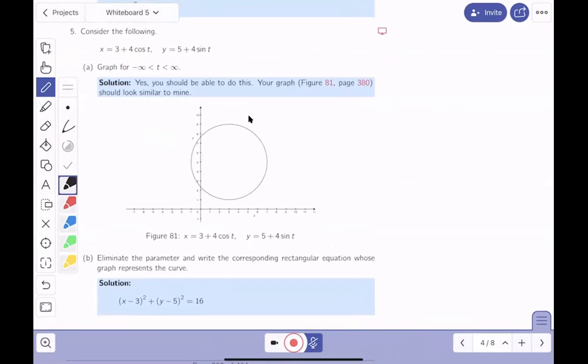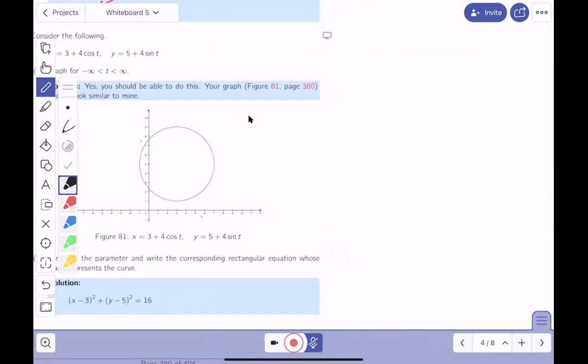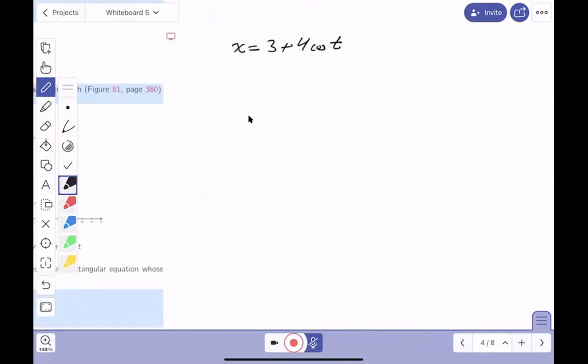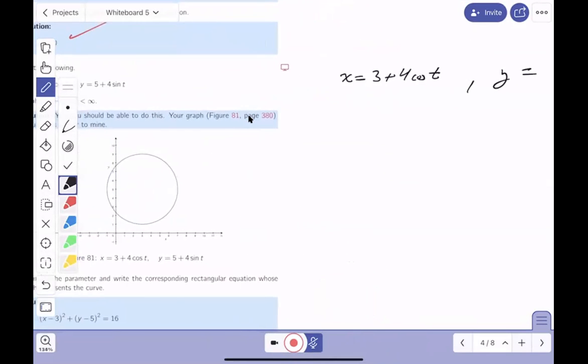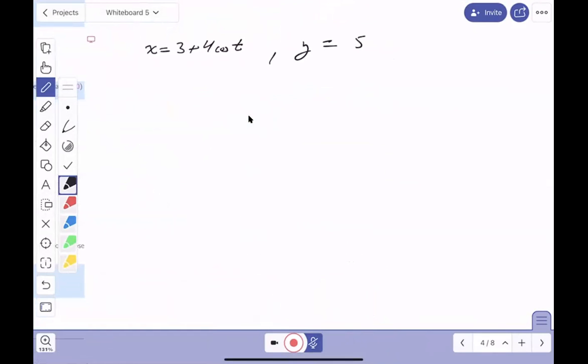So let's write this over on the side. And what do you get? You get x equals 3 plus 4 cosine of t. And I get y equals, let me not lose sight of that, 5 plus 4 sine of t. Well, looking at it, I think I pretty much know, it's a more complicated question.